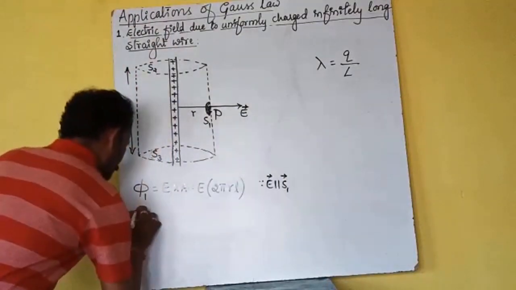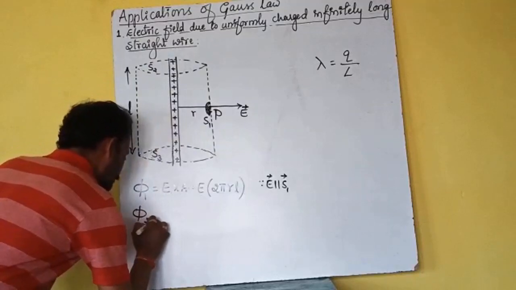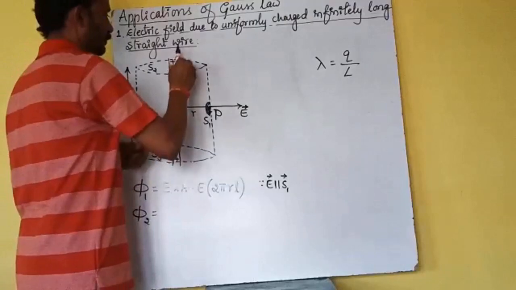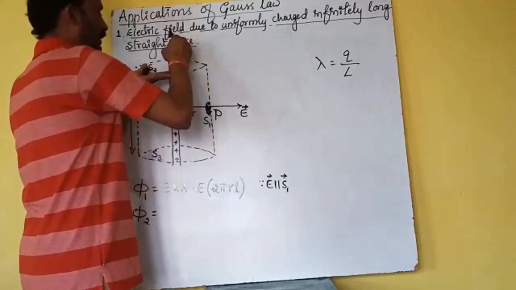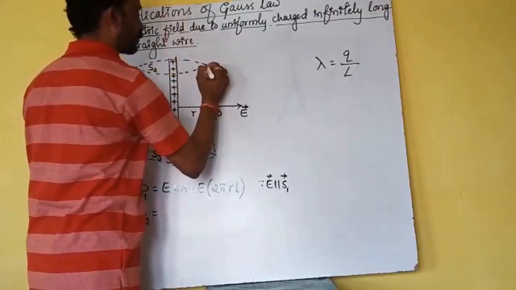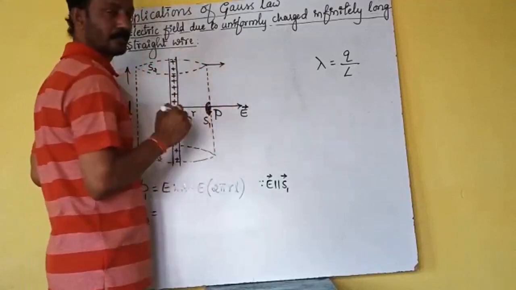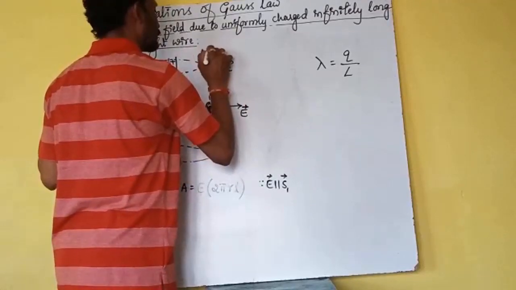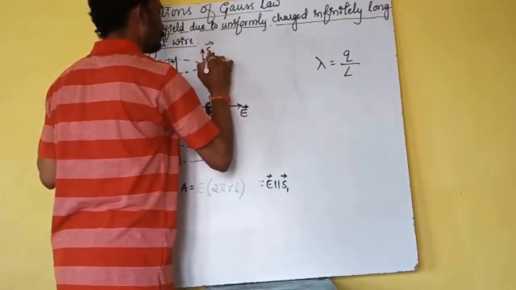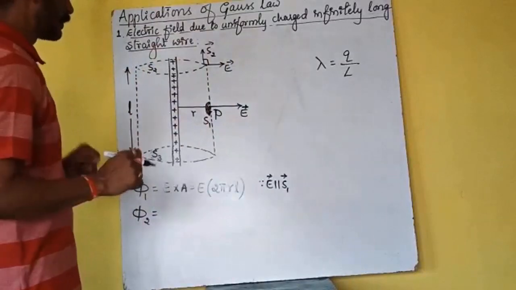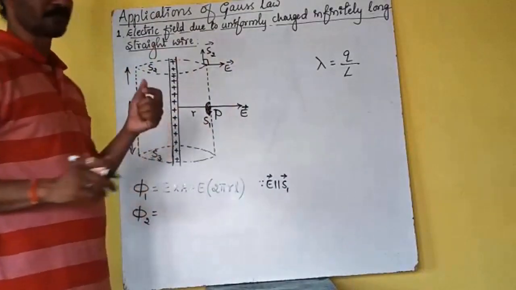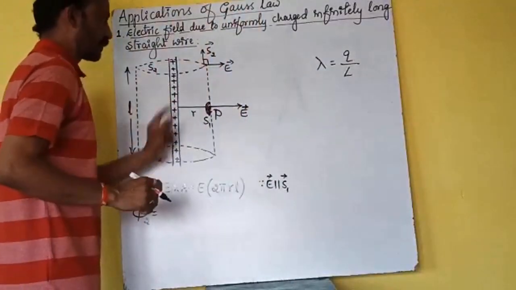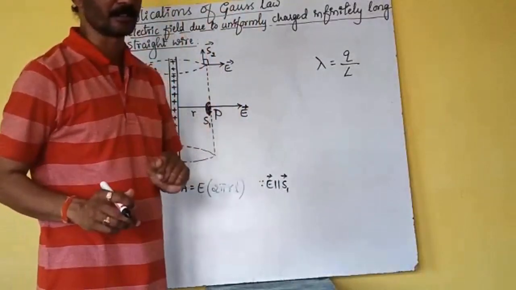Now the electric flux through the plane surface S2, phi 2, is equal to, here the area vector of the plane surface S2 is perpendicular to the direction of the electric field E. Therefore electric flux phi is equal to E cos theta into area, so E cos 90 degrees, and cos 90 degrees is 0.